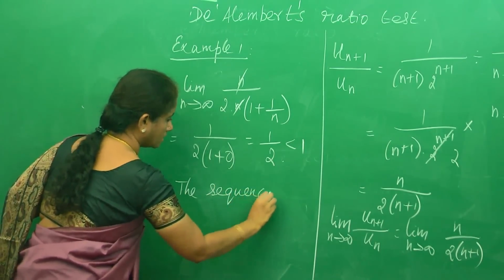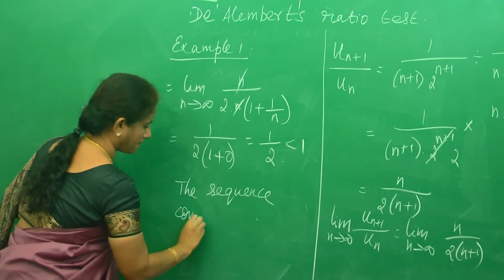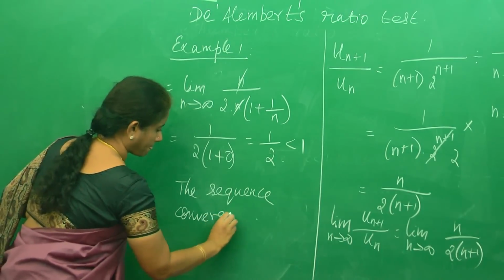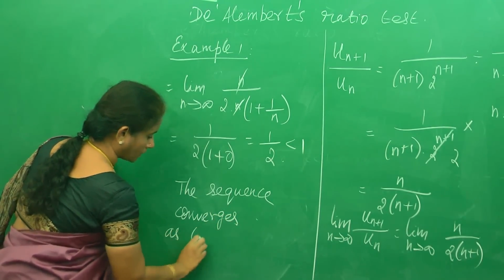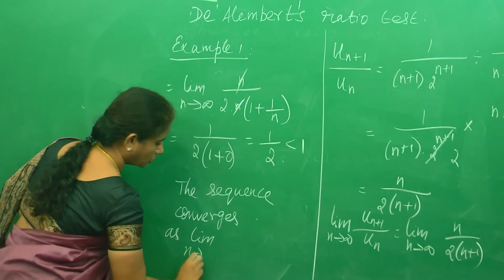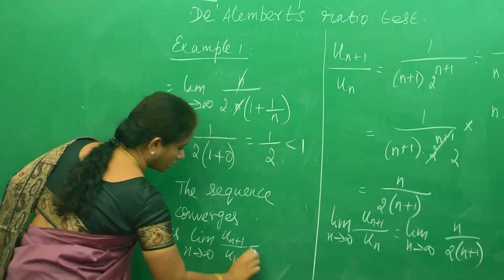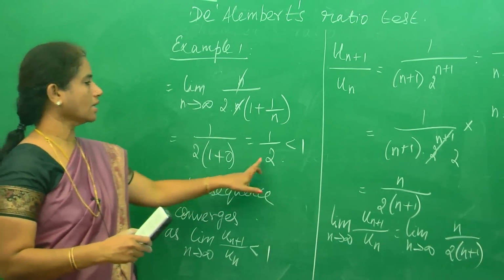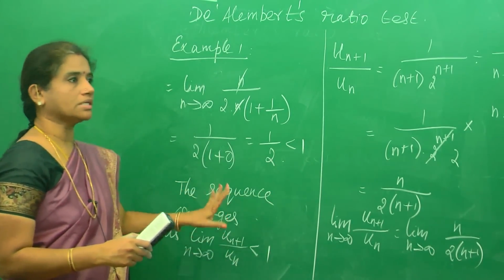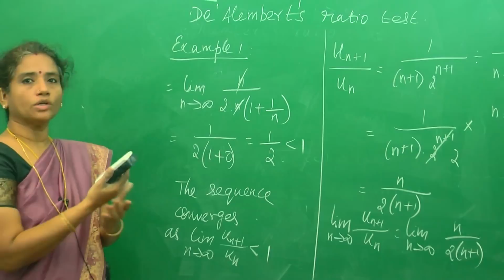The series converges as limit n tends to infinity un plus 1 by un is smaller than 1 because half is smaller than 1. So the series is convergent. Okay. We'll do one more example.